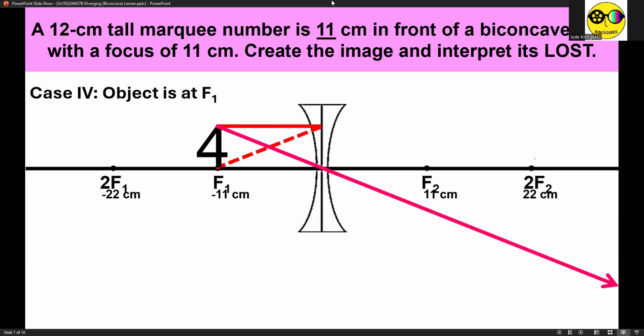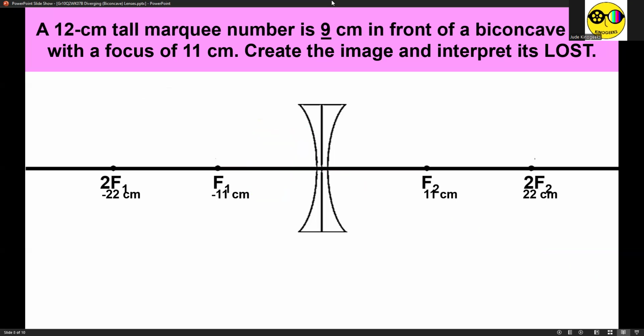So by performing the ray diagram, we have an image formed exactly between the lens and F1, just like the first three images. Okay. So final case, wherein the object is 9 centimeters in front of a biconcave lens.